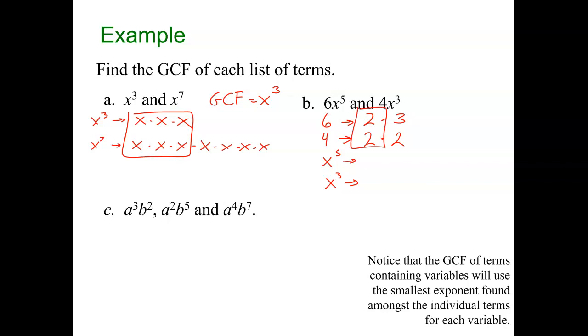X to the 5th and x to the 3rd: how many x's do they have in common? 3. So my greatest common factor is the 2 that they have in common and the x to the 3rd that they have in common.